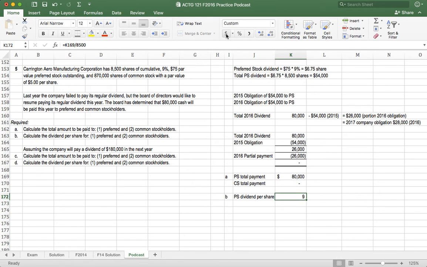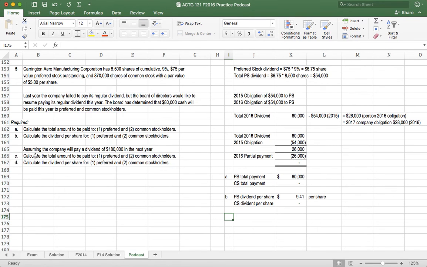So it's going to be $9.41 per share for preferred stockholders. And again, common stockholders aren't getting anything. And I can't spell dividend per share. They get 0.